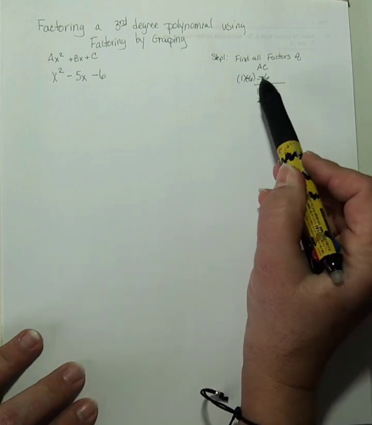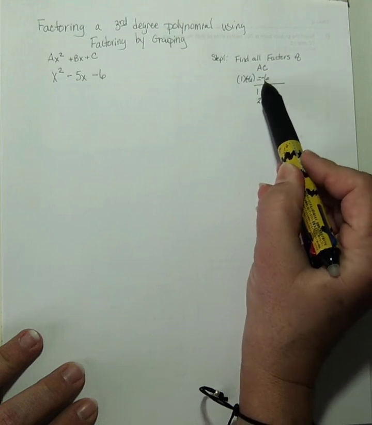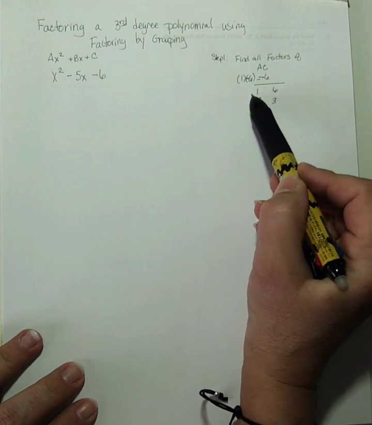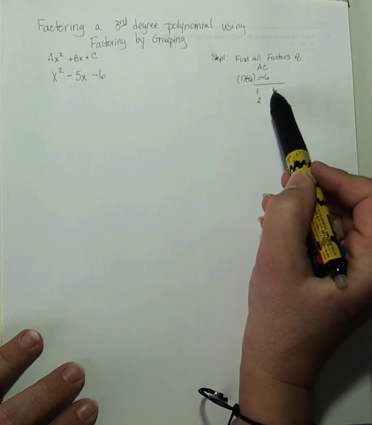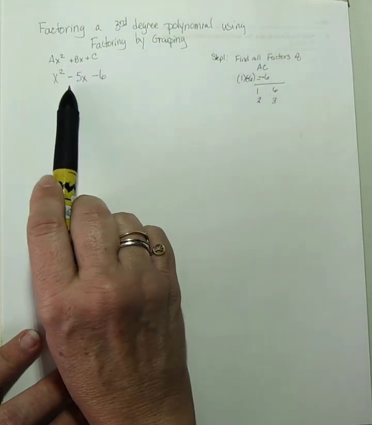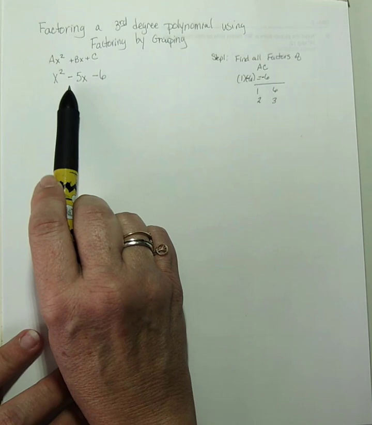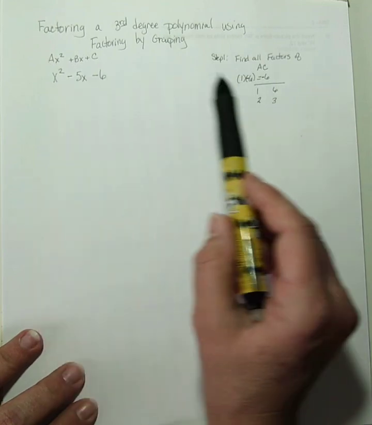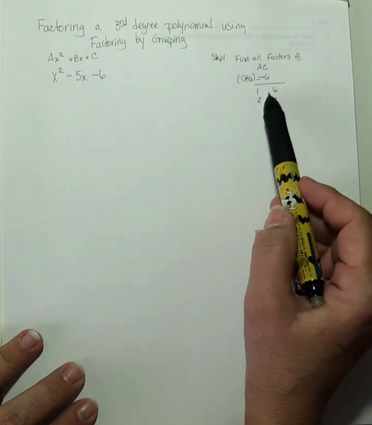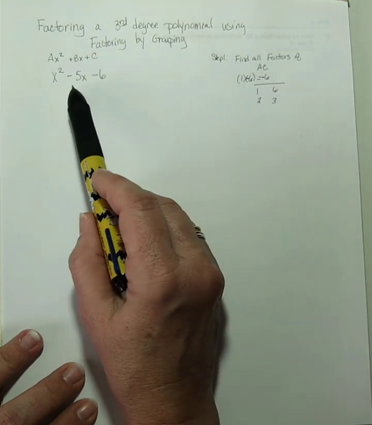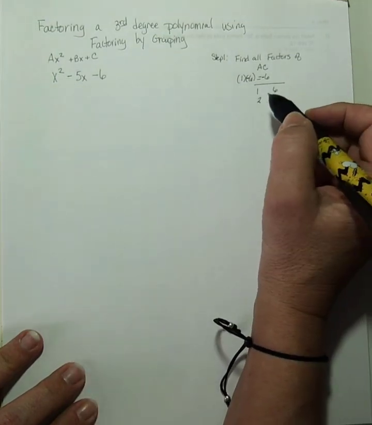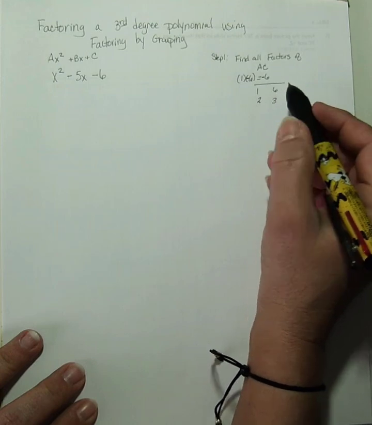Now I have to remember that these must multiply together to get -6. So do I give the smaller numbers the negatives or the larger numbers the negatives? The way I determine that is by looking at the sign of the middle term, because with this technique we are looking for factors of -6 that, when added together, give me b.